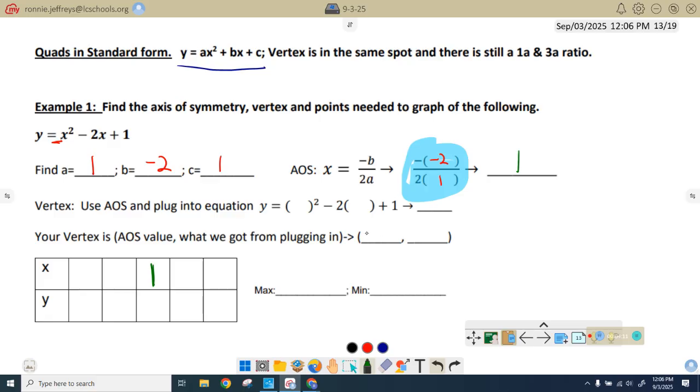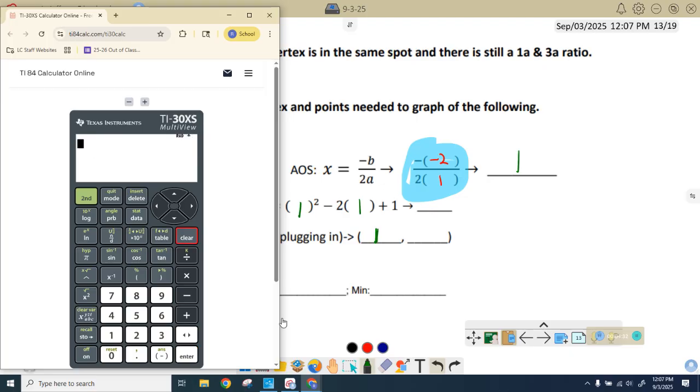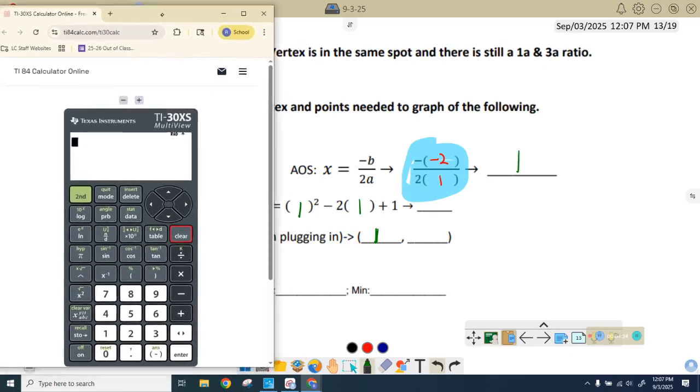So now, to find the y value for the vertex, we're going to plug in what we just got for x. I have it set up like this, so that's how you would actually plug it into the calculator.